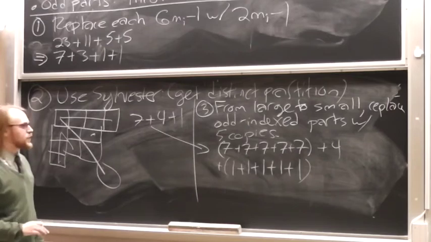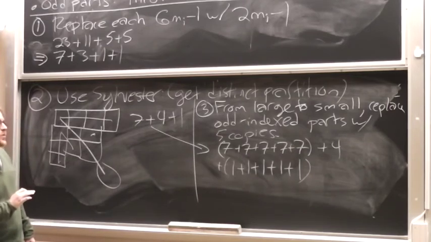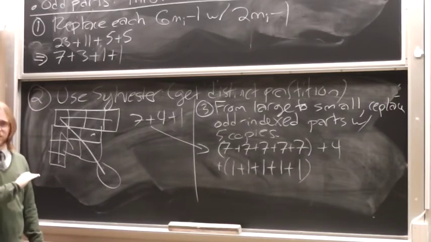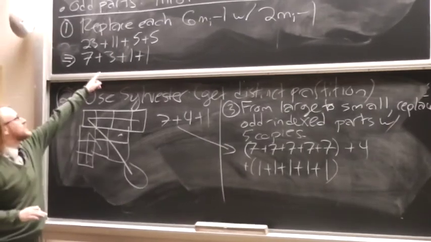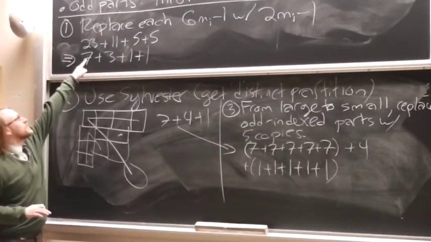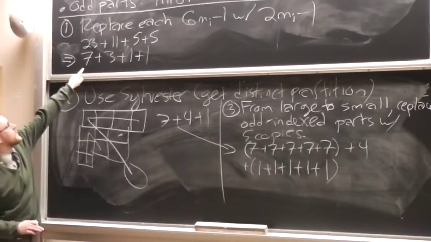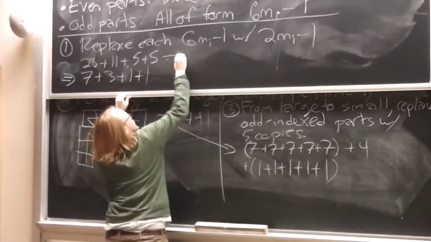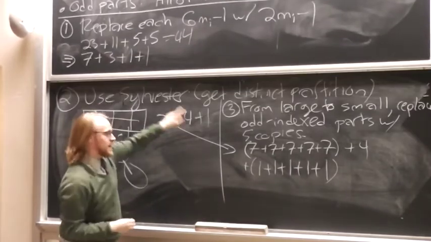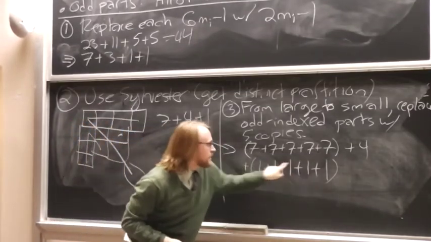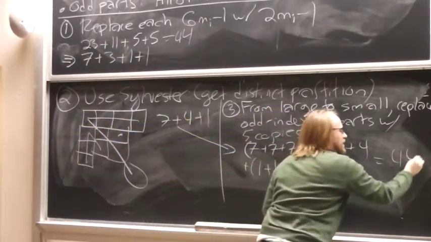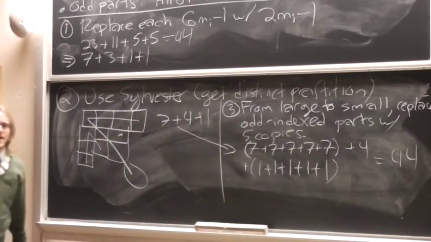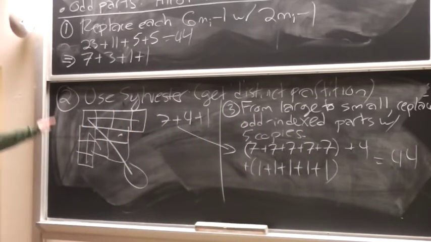I think the thing I would like to do right now is to briefly justify why this works, because this might feel really weird. We start off with a partition, just to show off here, this 23 plus 11 plus 5 plus 5, which is equal to 44. So we are making everything work out here.